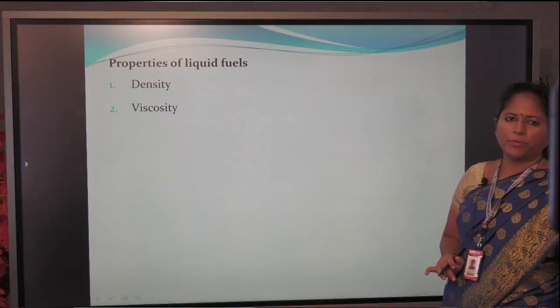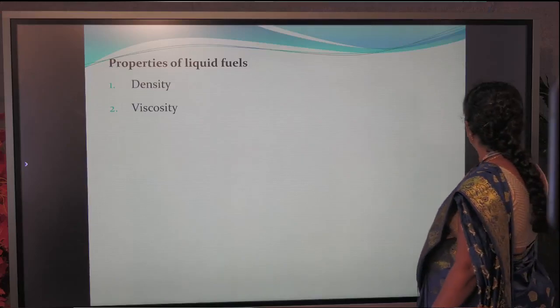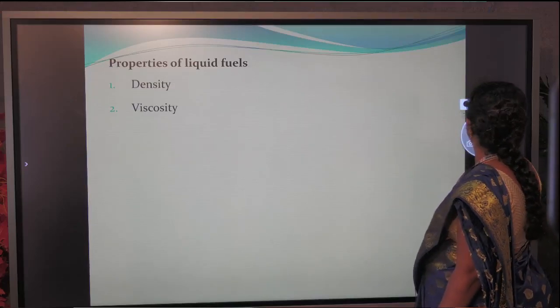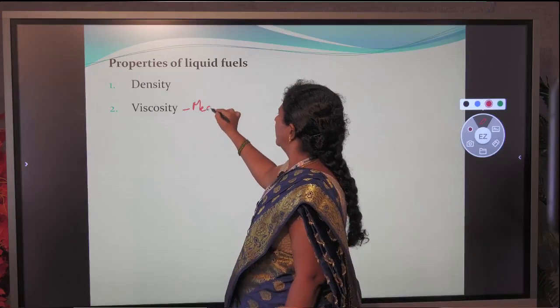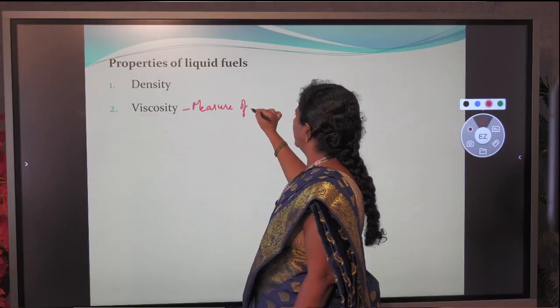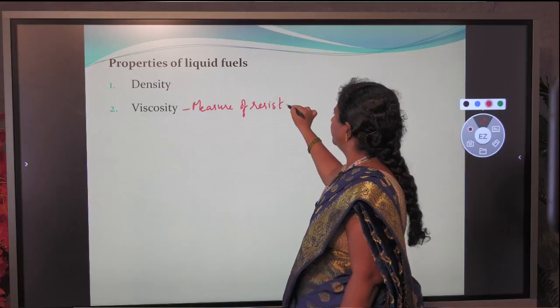Next property is viscosity. Viscosity is the measure of resistance to flow.